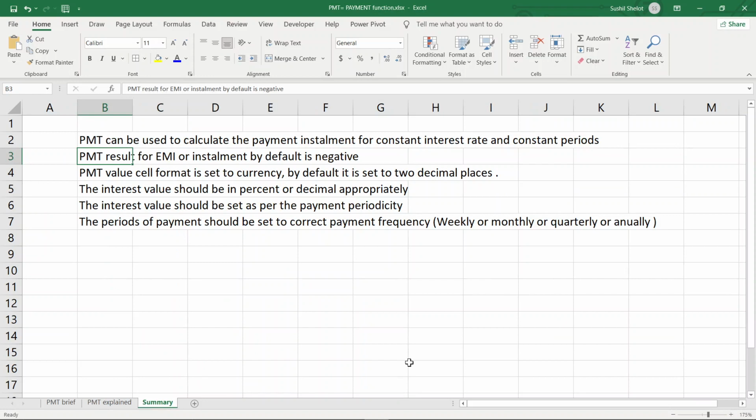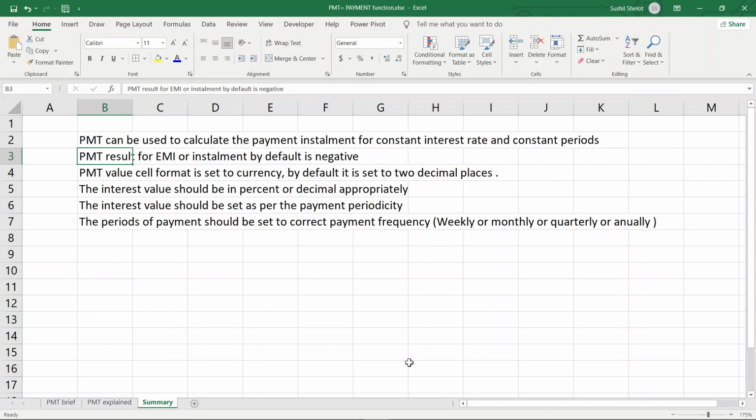The next thing, the interest should be set as per the payment periodicity. So as I demonstrated you, if it is quarterly, then the interest value will be divided by 4. If it is annual, it will be divided by 1. By default, the interest value is stated as percent per annum. The periods of payment should be set to correct payment frequency. So as I demonstrated you earlier, so it can be weekly, monthly, quarterly or annually.